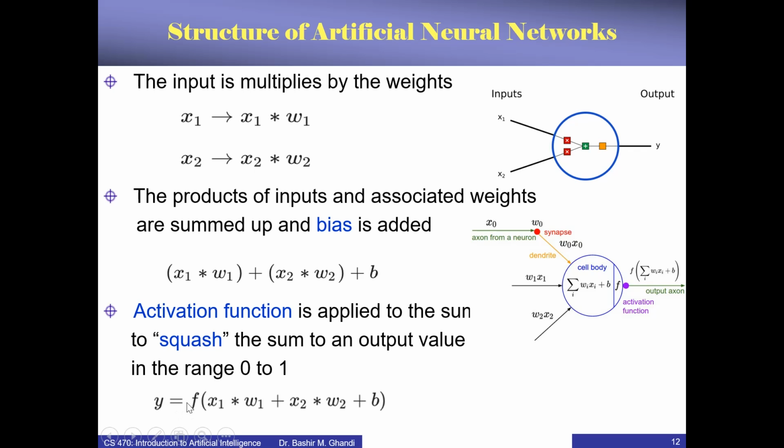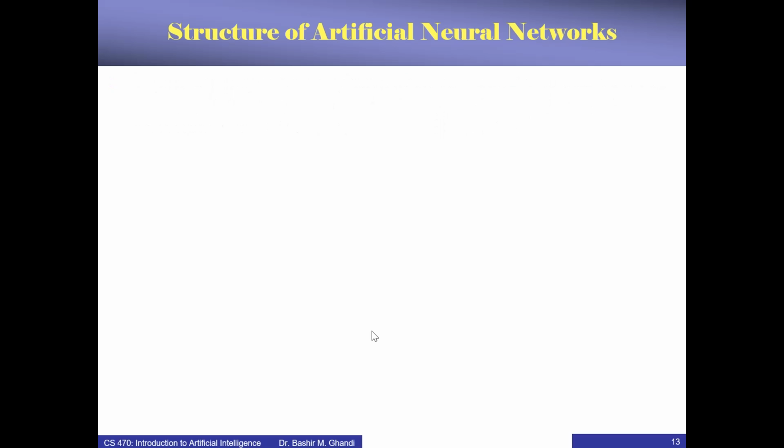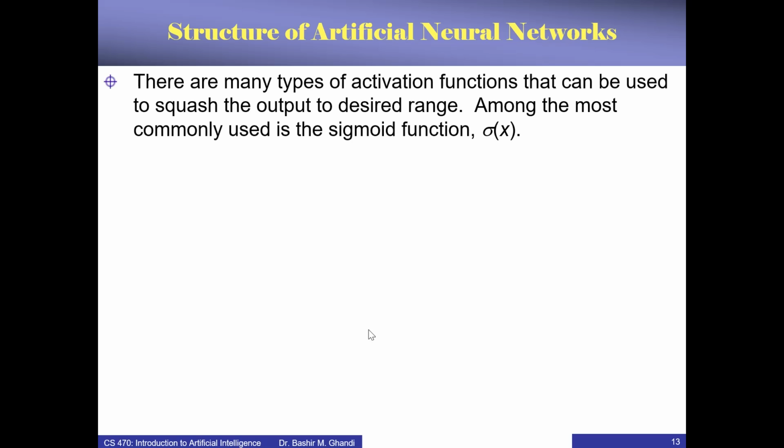So the question is, what is the nature of this activation function that transforms the sum of the inputs into a value that falls within a certain range? Well, there are many types of activation functions used in neural networks to squash the output to a desired range.